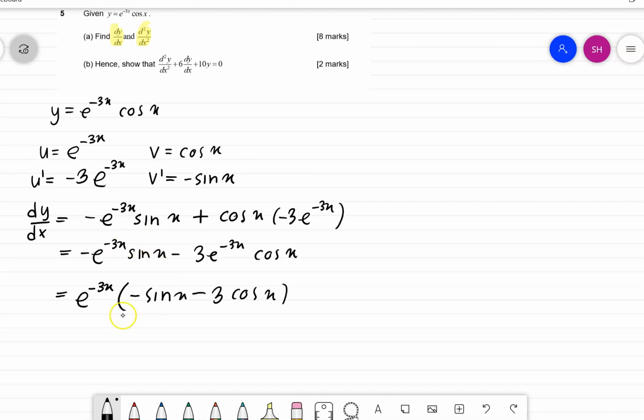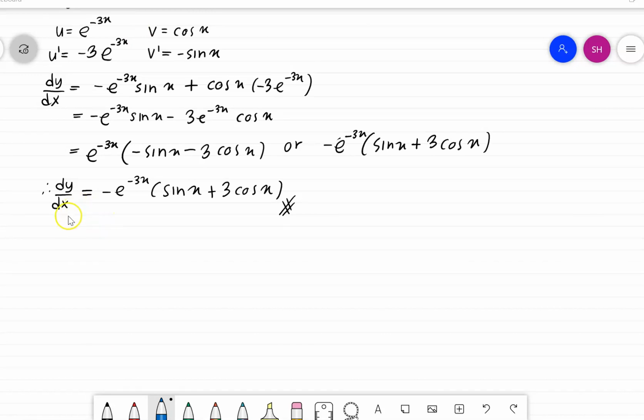Alright. Or you can also factorize negative lah. If you want to factorize negative, it should be like negative e to the negative 3x, open bracket, sin x plus 3 cos x. So this is our dy over dx.